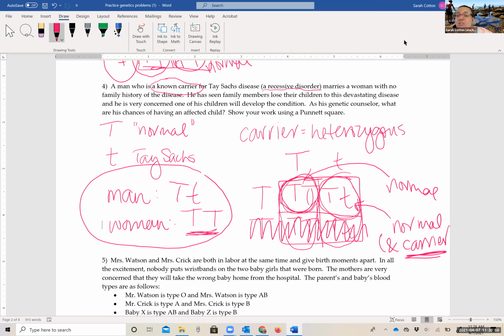So that when they grow up and choose, if they choose to have kids themselves, they're aware that there's a 50-50 chance that they could be a carrier so that they can get their own genetic testing, to make sure that they're in the clear. Does that make sense?